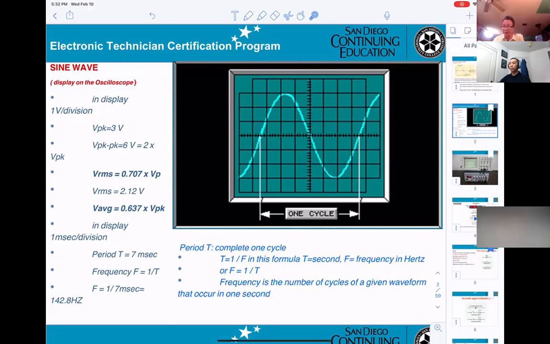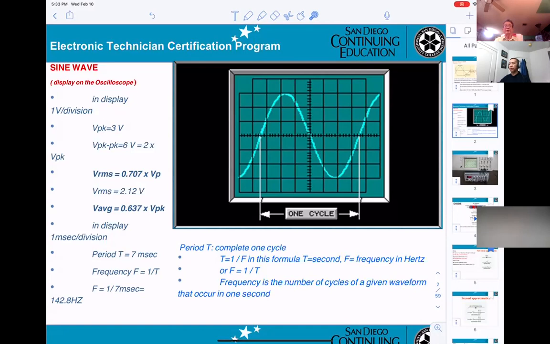So the period will be from here. You can count 1, 2, 3, 4, 5, 6, this a half and this a half. That means 7 divisions, at 1 millisecond per division, you get 7 milliseconds. An oscilloscope cannot measure the frequency directly.